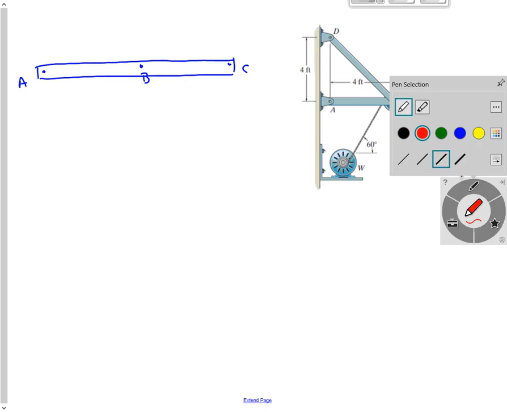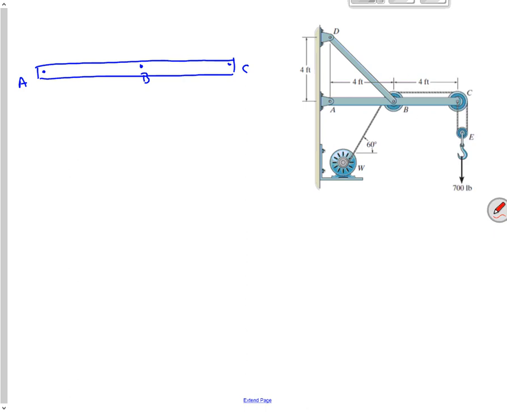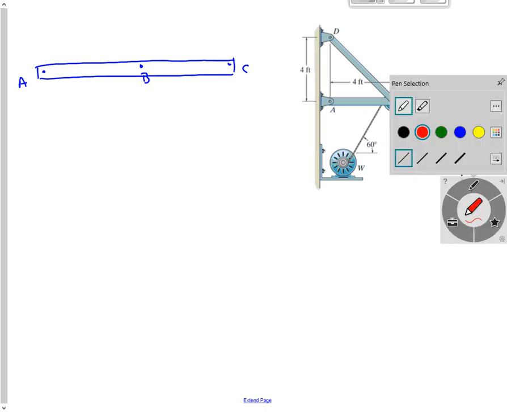Well, I've got pin reactions at A, so I've got an AY and an AX.